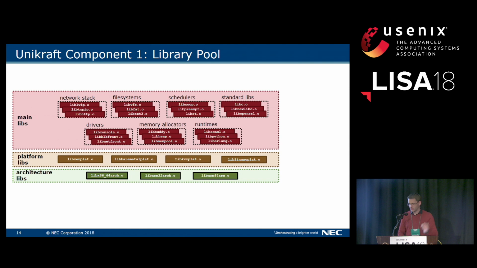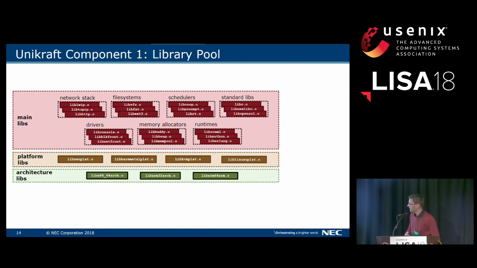The library pool, which is one of these components, has the differentiation of 3 library types. So we have main libraries, which are quite independent of the target platform and architecture. This includes network stacks, file systems, schedulers, then language runtimes, for running C++ programs, for instance, or Go or whatever, memory allocators and drivers.